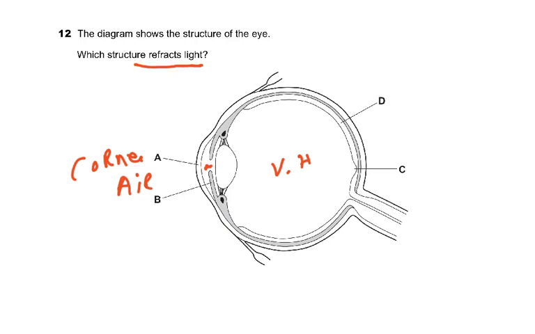C is the fovea, and D is the retina. The first thing which refracts light is the cornea, because as soon as the light strikes the cornea, the light rays are traveling in the air, and there is another liquid just behind, and the cornea is a convex shape, so it is going to refract the light. So the answer to 12 is A, the cornea.